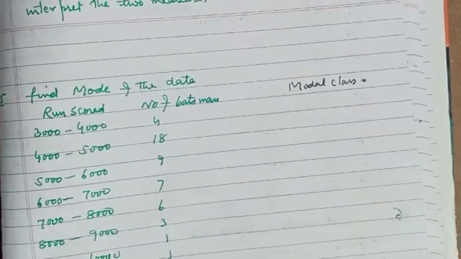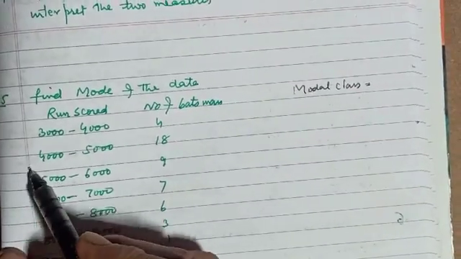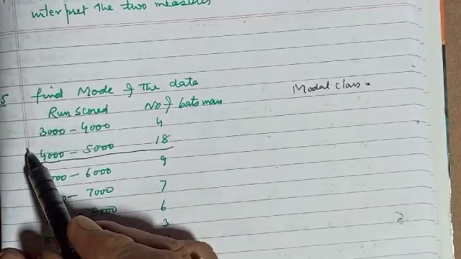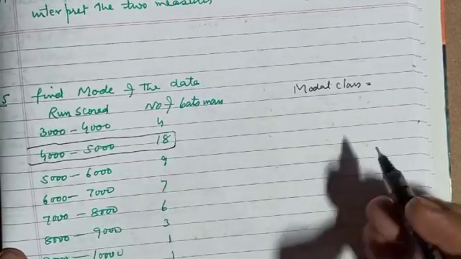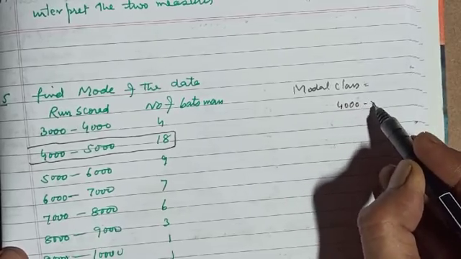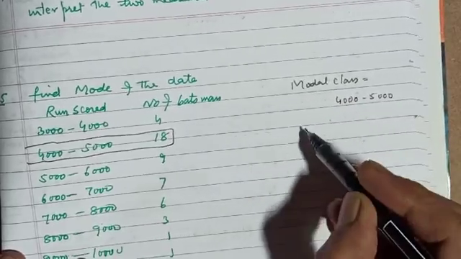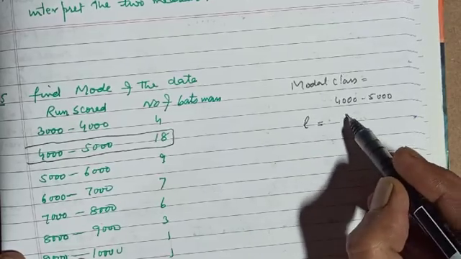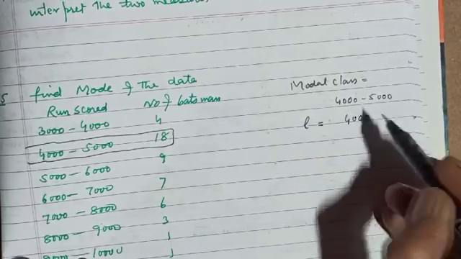That's the class having highest frequency, and highest frequency is here 18. So modal class is 4000 to 5000. So the value of L comes out to be 4000.